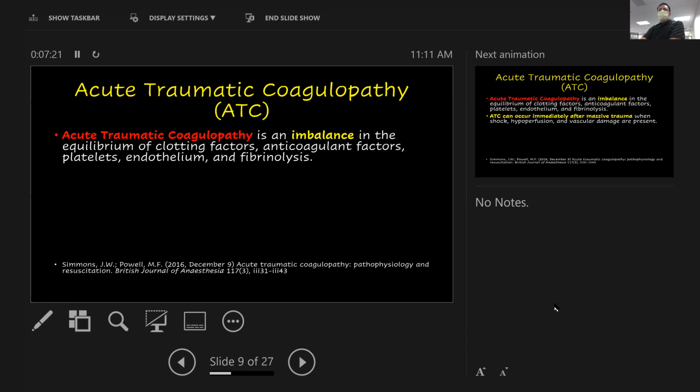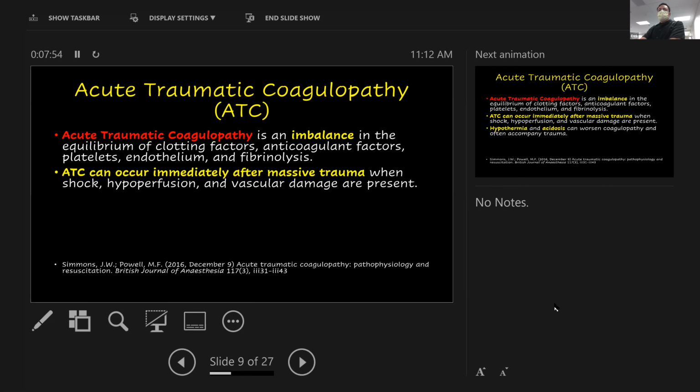So normally it's a delicate dance between clotting and degradation of clot products, because we can't have the entire body go into systemic clotting. That's something that can contribute to strokes, heart attacks, and other bad things. And so even in the setting of trauma, where we want to encourage clotting at the site of the traumatic injury, if we start to lose balance, bad things can happen.